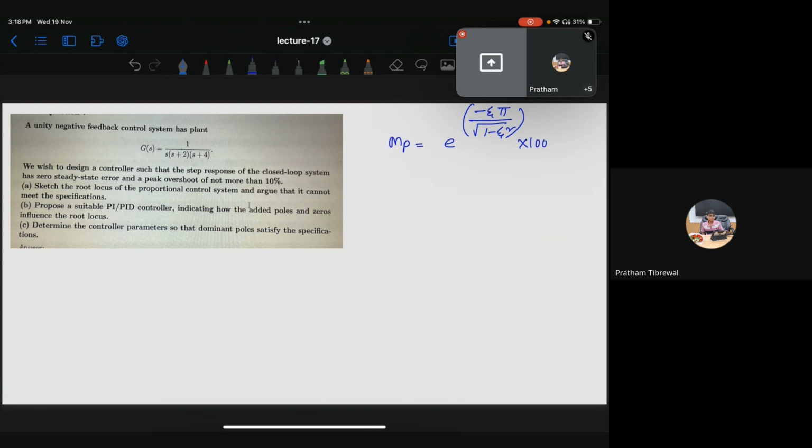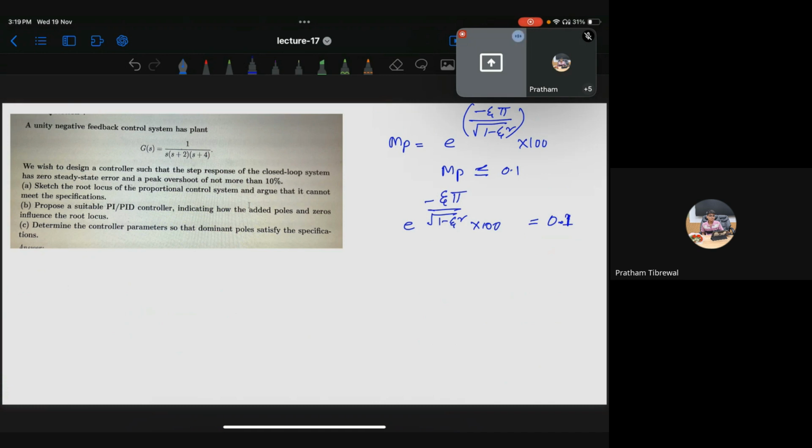Here our design requirement is MP must be less than or equal to 0.1. So e to the power of minus zeta pi by root over 1 minus zeta square into 100 must be, at max, 0.1.